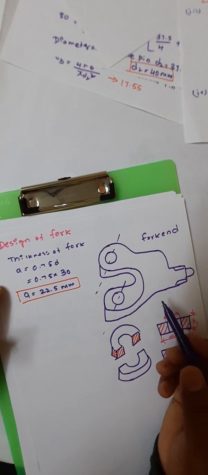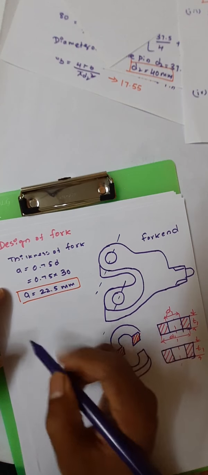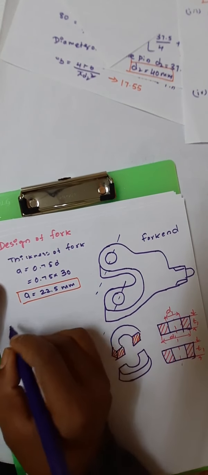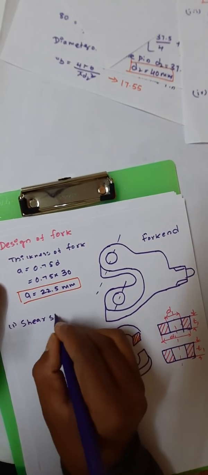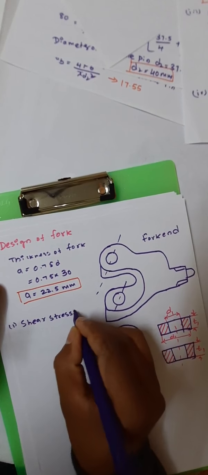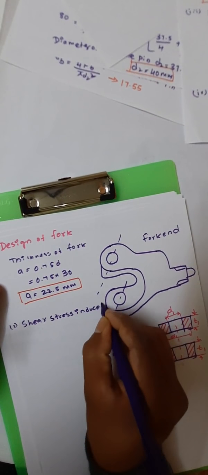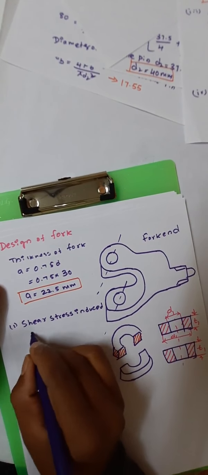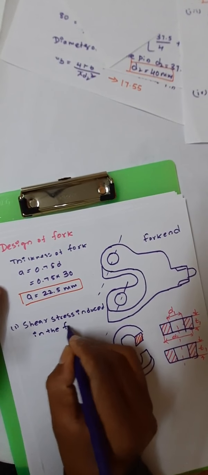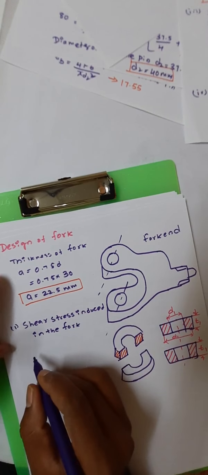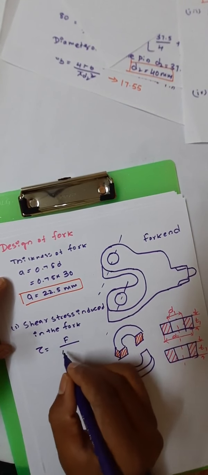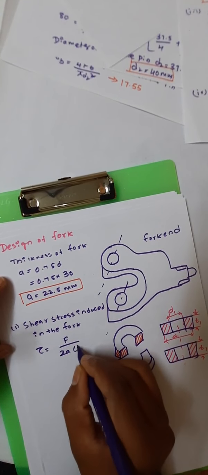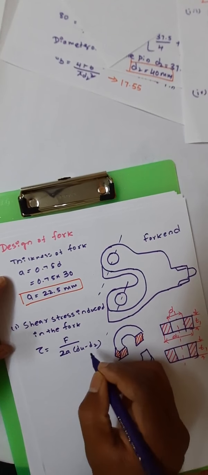Next we need to cross check all the parameters with respect to the shear stresses, crushing stresses and tensile stresses. With respect to the shear stress induced in the fork, tau is equal to F divided by 2A into (d4 minus d2).